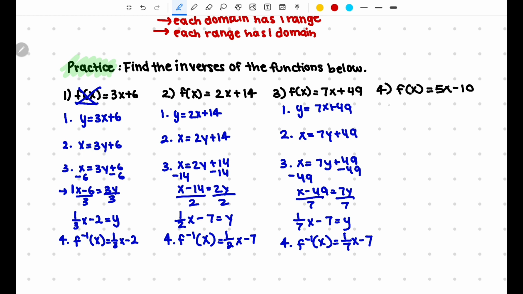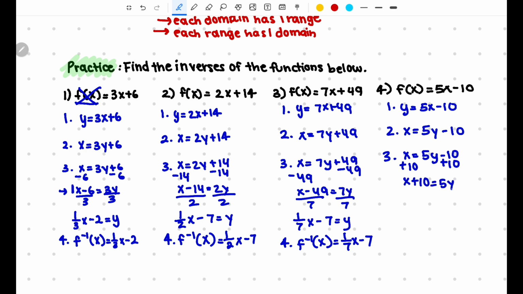And the very last problem is no different. Our final answer is just f inverse of x is equal to 1/5 x plus 2.